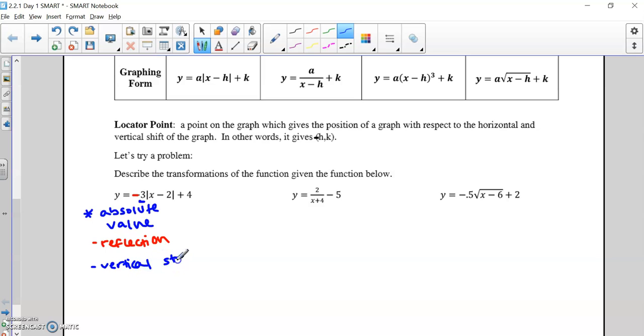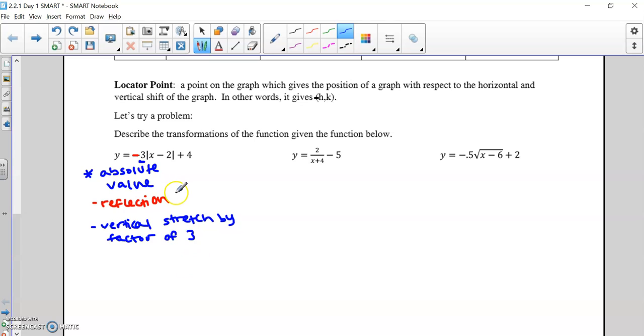So we'll say there's a vertical stretch by a factor of 3. And we have an h right here, it's negative 2, and that's going to tell us that we move to the right by 2. And lastly, we have a k of 4, which tells us we have to move up 4.